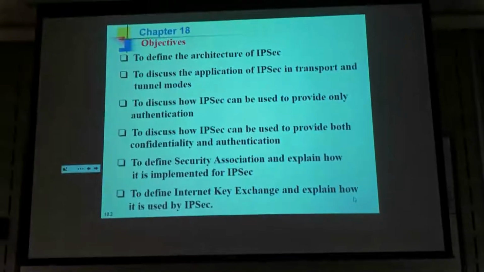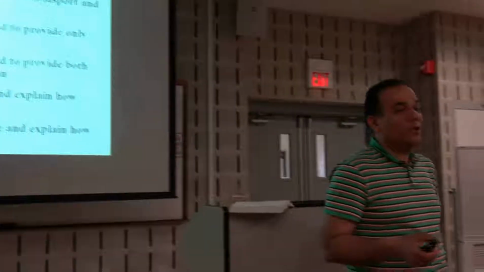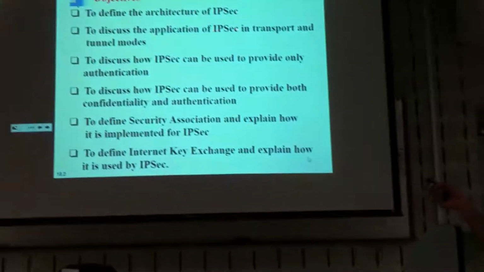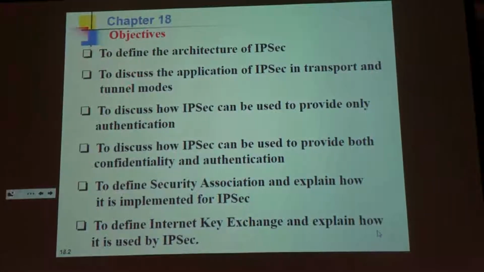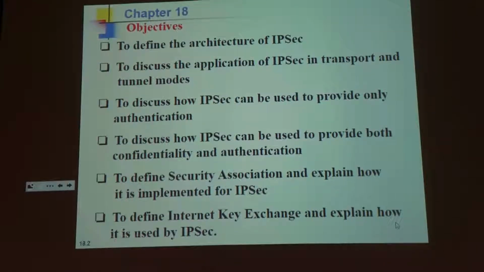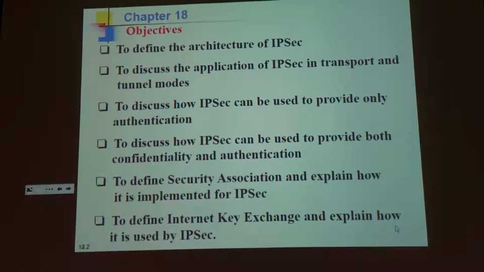All right. So we're just going to give you an idea. We are not going to go into deep details, and the details in the textbook we could go over. We're going to define the architecture of IPsec, IP security, and discuss the application of IP security in transport and tunnel mode. There are two modes. One is transport and one is called tunnel.